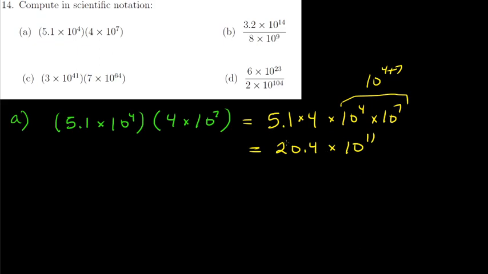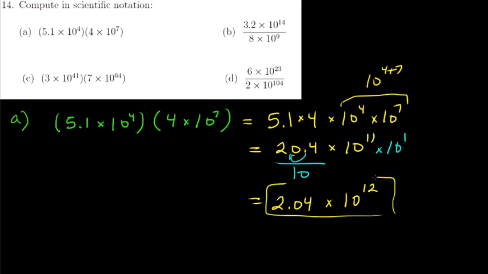However, this is not in scientific notation, right? We need to move the decimal one more time to the left, which means we have to divide by 10. So to balance that, we have to multiply by 10, right? 10 to the 1. So we're going to get 2.04 times 10 to the 11 plus 1, which is 12. Okay. Right?